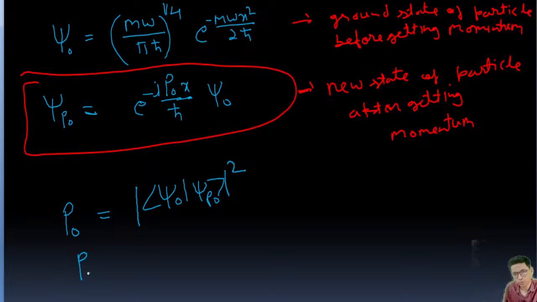Okay, so P naught value is going to be, we'll put the values, so this value is going to be mod square of the integration of psi naught psi p naught dx.